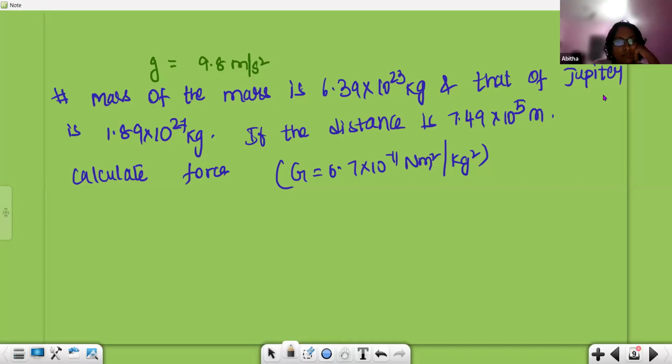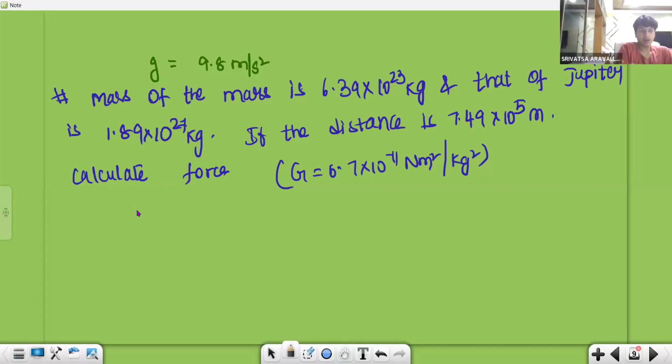The distance is 7.49 into 10 to the power of 5. Calculate the force. G is equal to 6.7 into 10 to the power of minus 11 newton meter square per kg square. What do we have to find here?